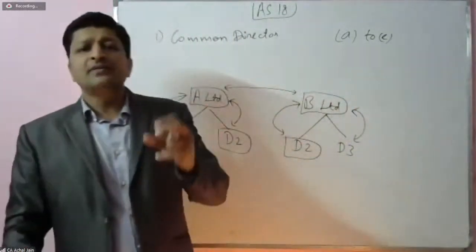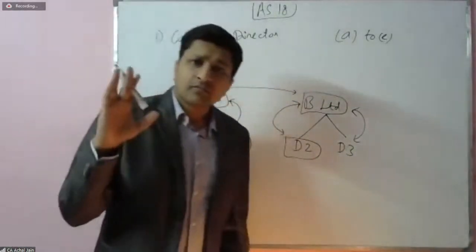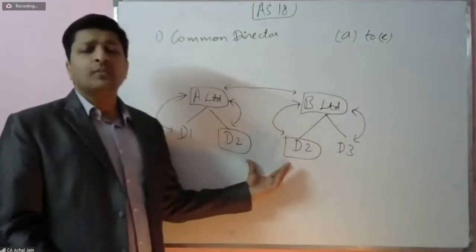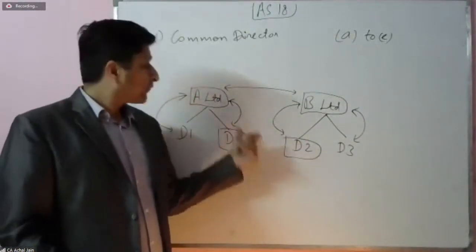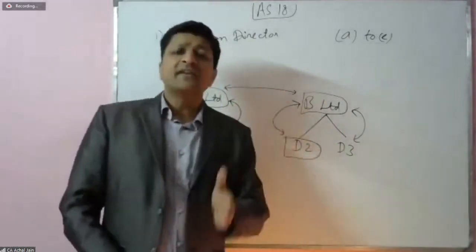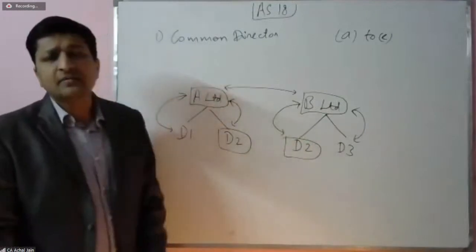And the only thing which we now see in case of A and B is what? Only and only one thing is that D2 is common in A as well as B. So just by having common director, can we make A and B as related parties?